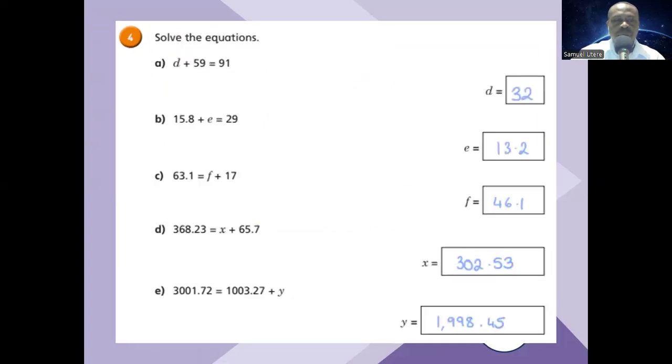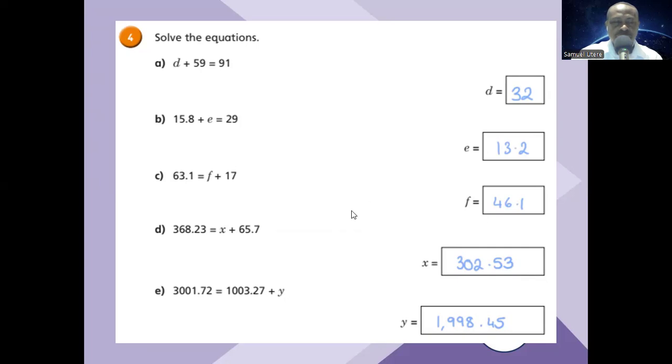Here is the answer to question 4. You're asked to solve the equations. By now, after you've used the bar model for a while, some of these questions you can actually do in your head. You know, okay, I need to do this minus this to find D, or I need to do this plus this to find F or C, whatever the letter is.